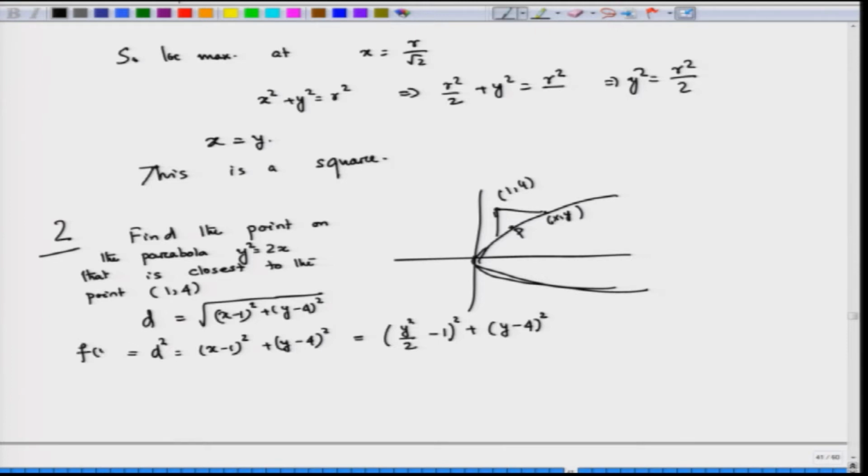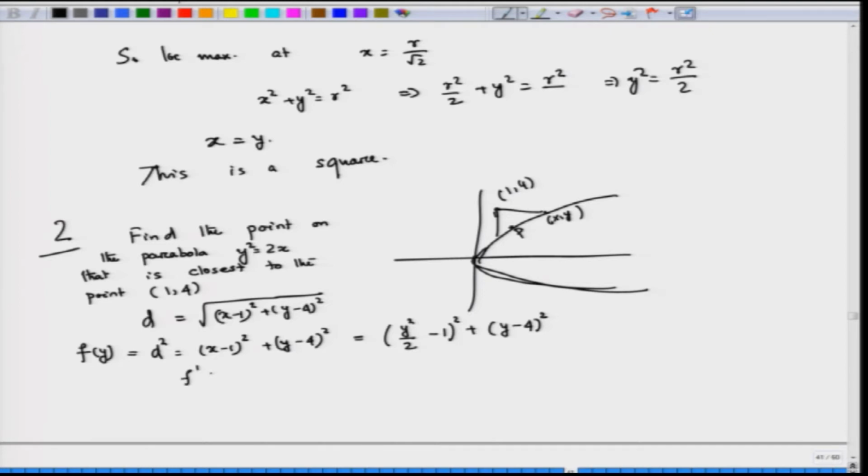Let me call this f of y. Now, I am looking for the point (x, y) for which d is minimum. So, we have converted that problem into a differentiable function f, and we are looking for the minimum of that function.